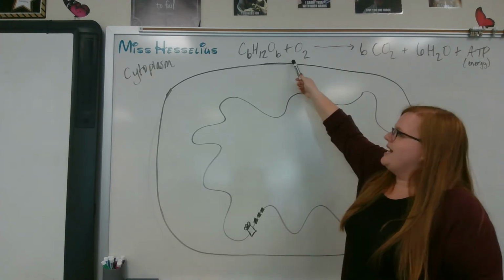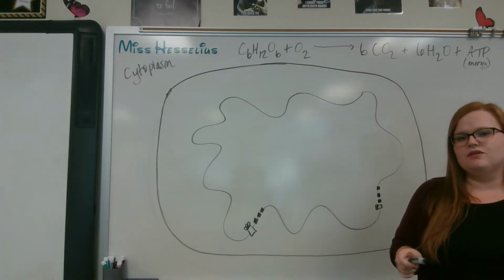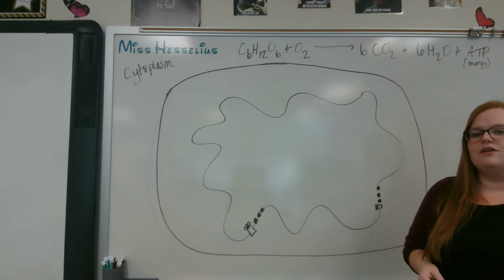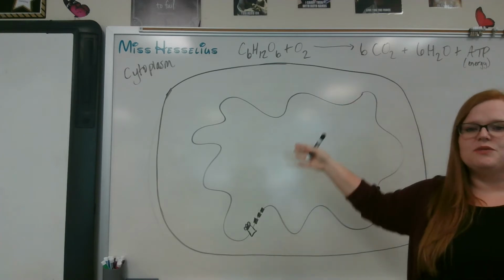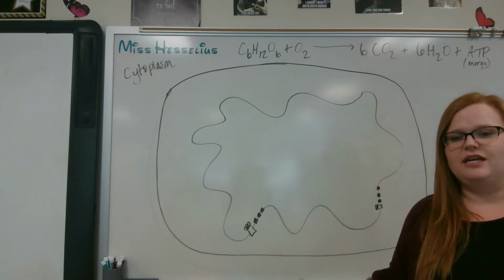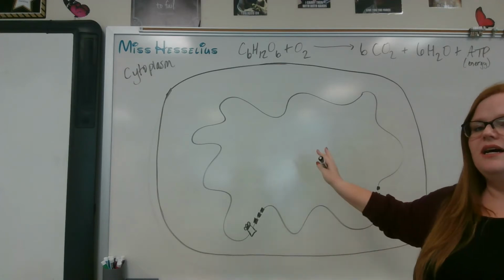Those are the reactants. The products of cellular respiration are 6 carbon dioxide molecules, which we exhale, 6 water molecules, which we also exhale, and then ATP. The whole reason cellular respiration happens is to make ATP, which is cellular energy for our cells. Our cells can't function without ATP.